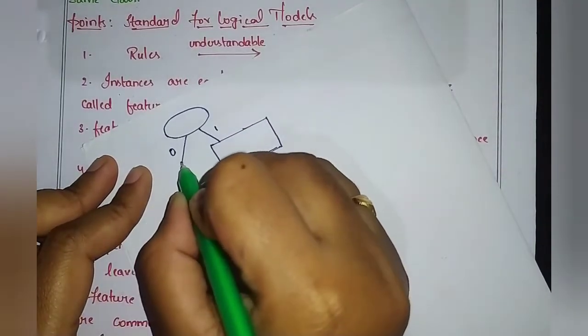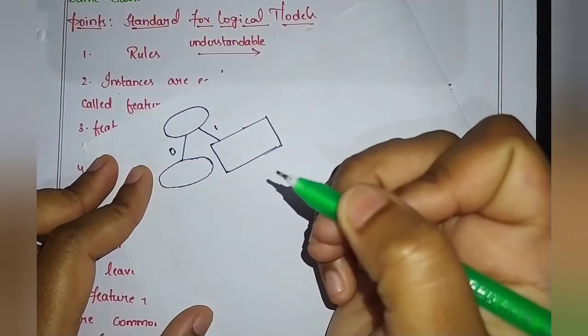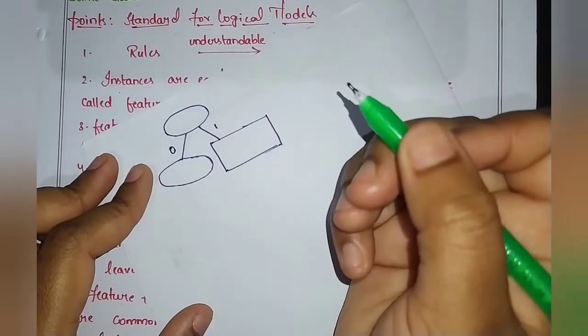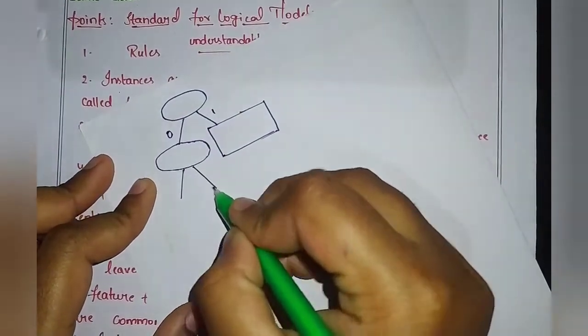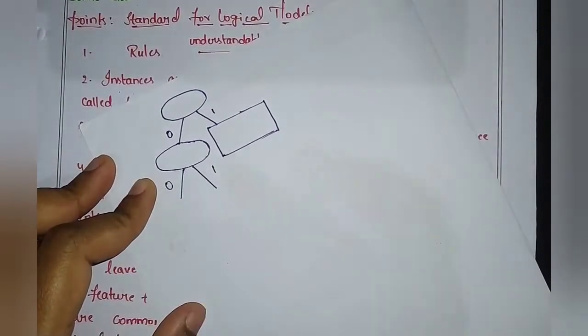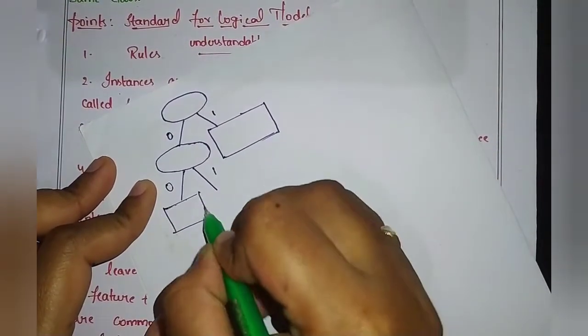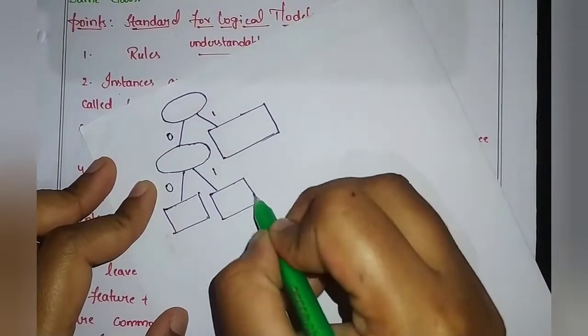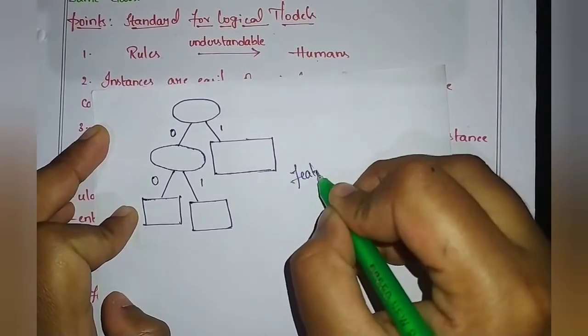If it is no, 0, then again we go with some other feature, and for that we again go with boolean cases 0 and 1. Then we are left with some leaves. This is how a feature tree looks.